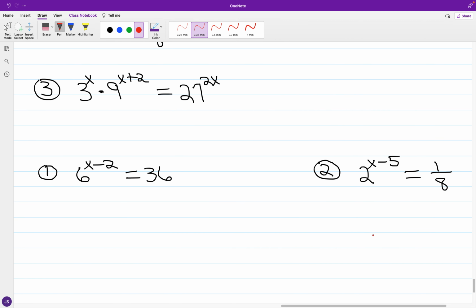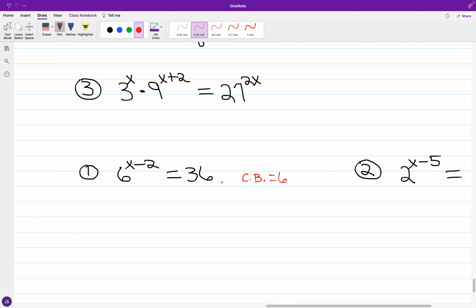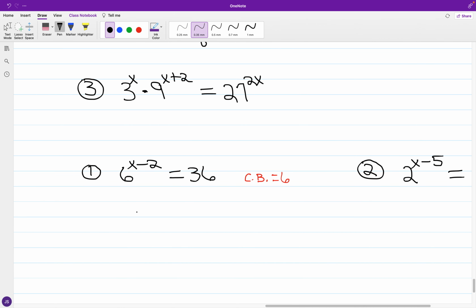Now, looking at solving for x, in the first case, we have 6 to the x minus 2 is equal to 36. Okay, and just for a common base, that's already present. So the common base we have is 6. And so in this equation, the left-hand side is already in terms of base 6. So you have 6 to the x minus 2 is equal to 36.